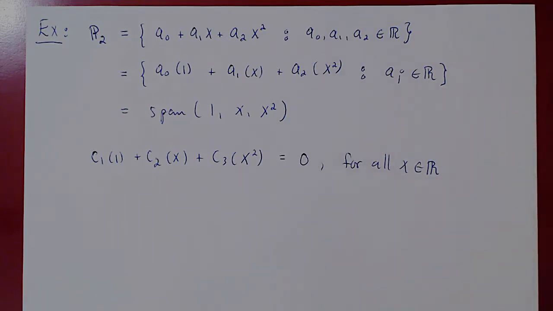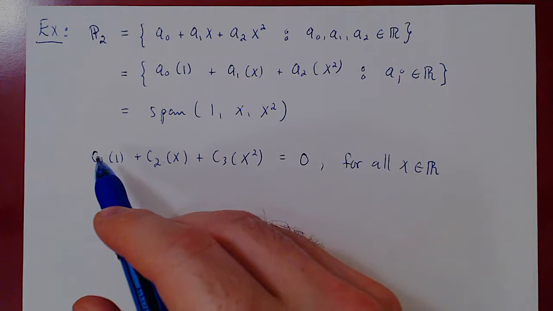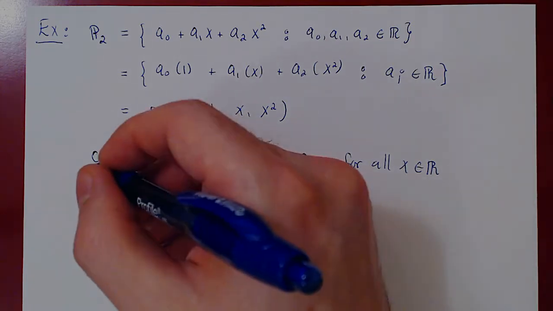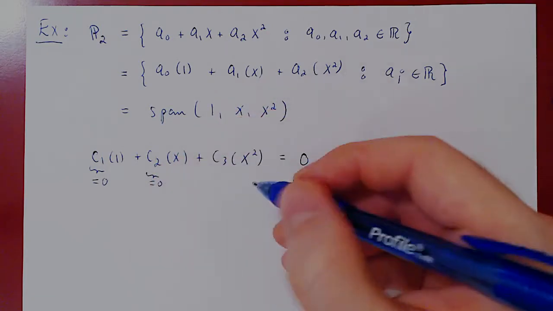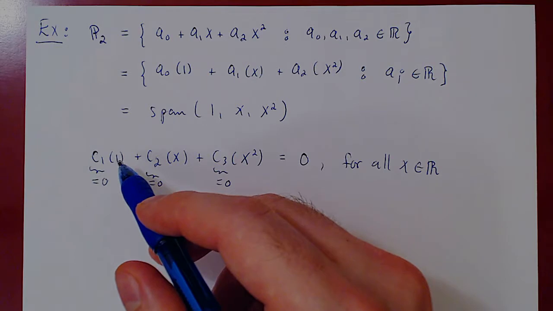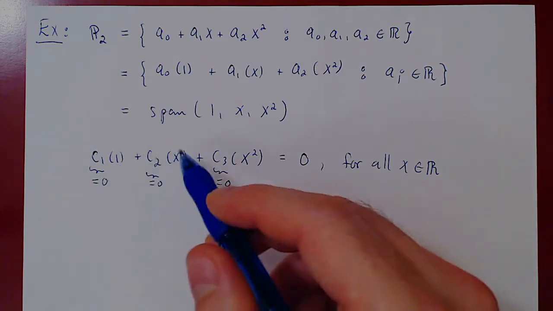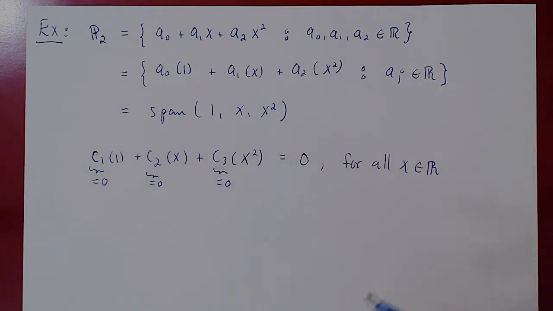But we know that to have a 0 polynomial, for every value of x, every coefficient must be equal to 0. So c1 must be 0, c2 must be 0, c3 must be 0, and you see that the linear combination of the polynomials 1, x, and x squared, giving the 0 polynomial, only has the trivial solution.